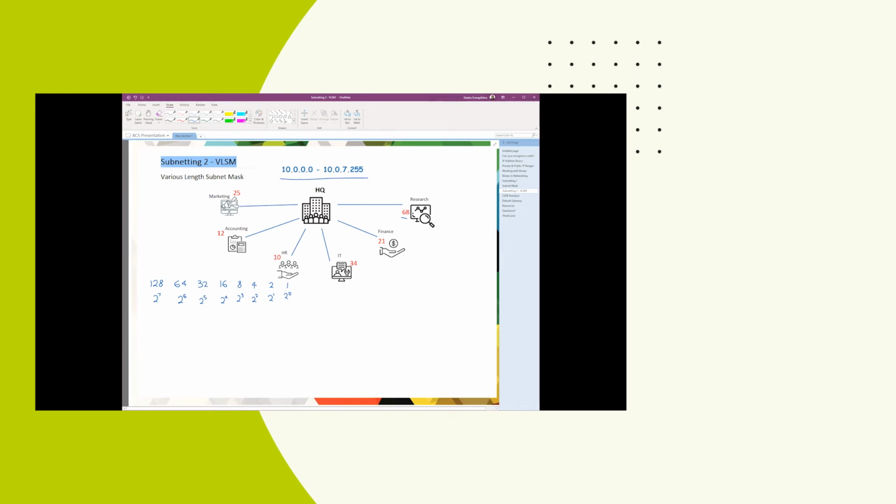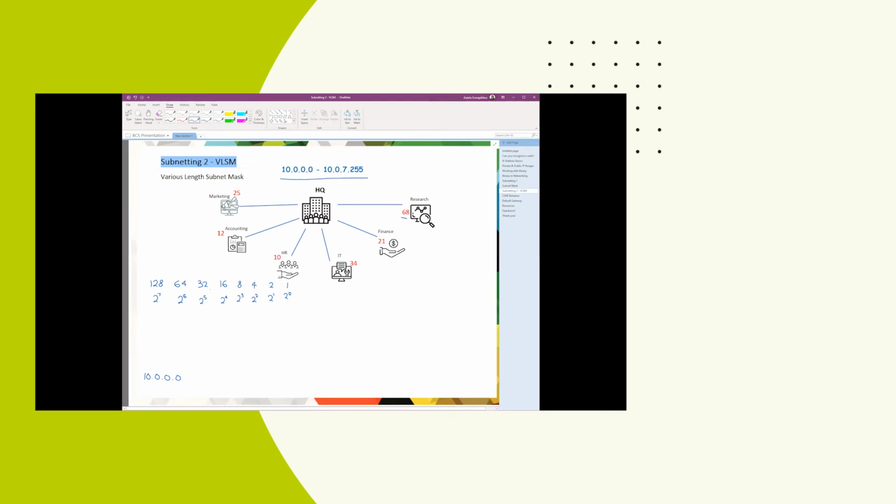68, we need a subnet of 68. So we're going to start from this IP address, 10.0.0.0. This time we're not going to go up to 255, but we're going to calculate and future-proof our network a bit.